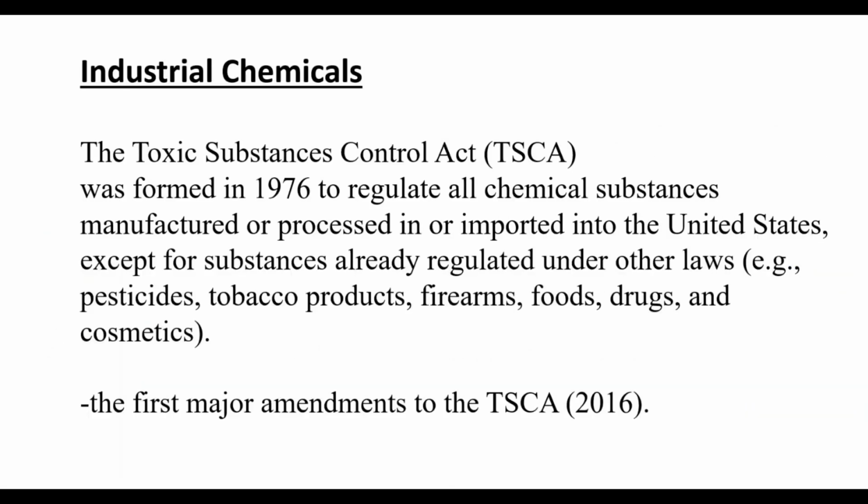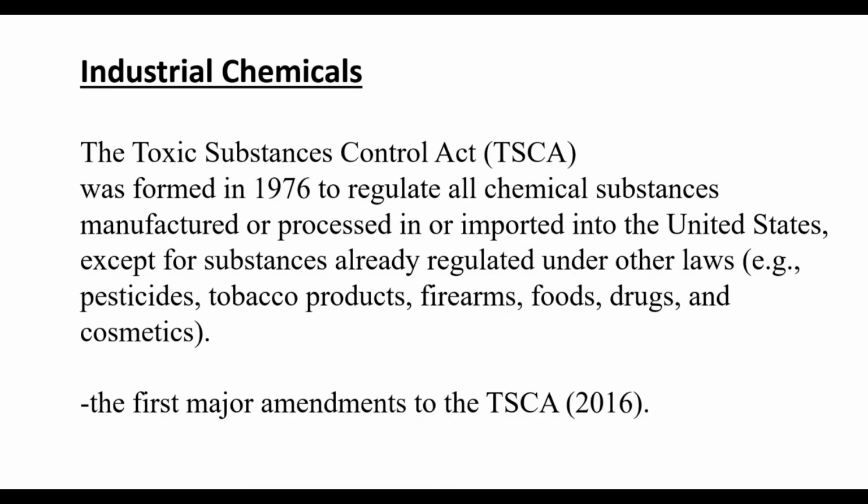For industrial chemicals, the important law is the Toxic Substances Control Act in the USA. In EU countries, mostly the OECD guidelines are accepted, although there is a REACH regulation in Europe now. I'll just highlight that.